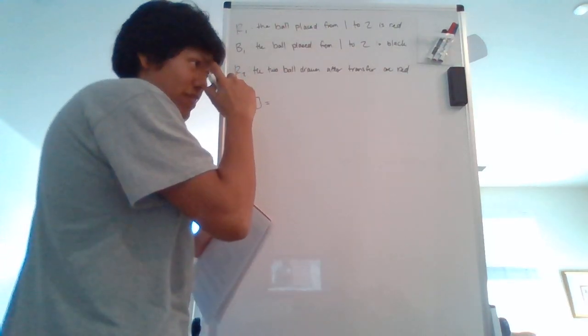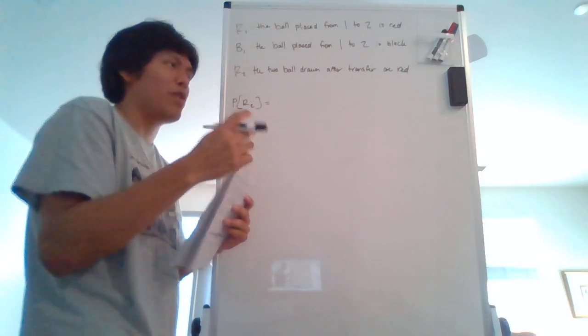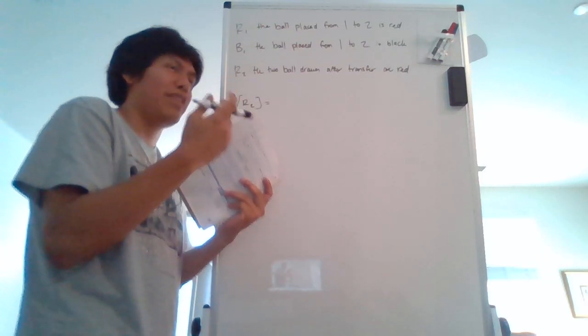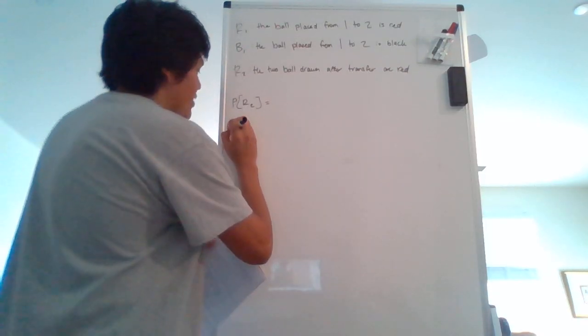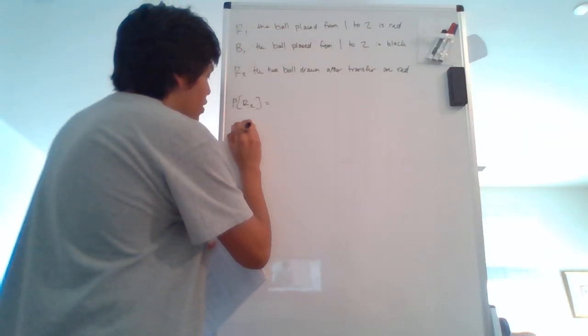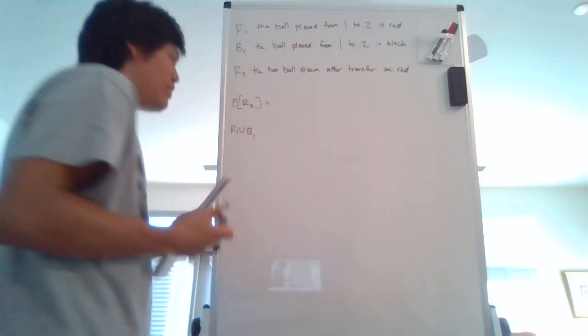So what that means is either one happens or the other happens. Or, that's union. And we'll just kind of write that to the side, right? Either R1 happens or B1 happens.